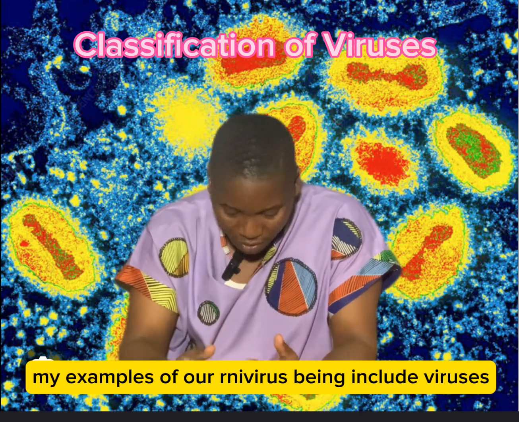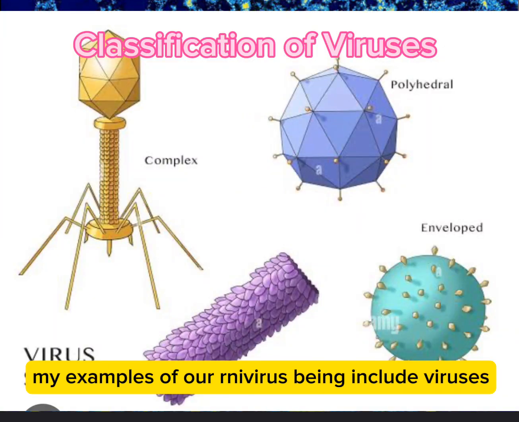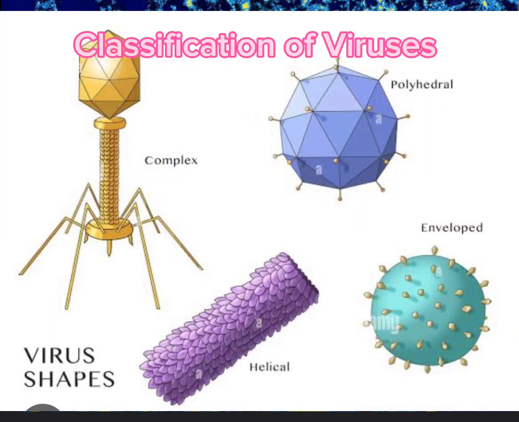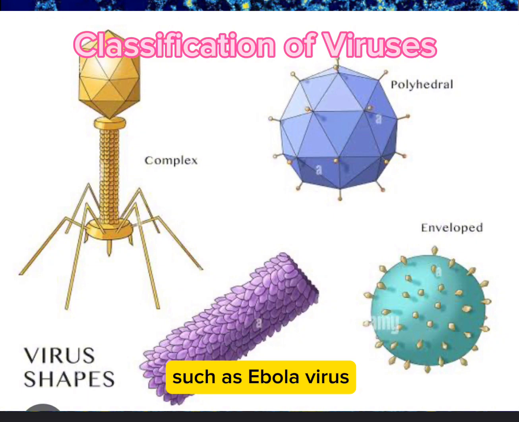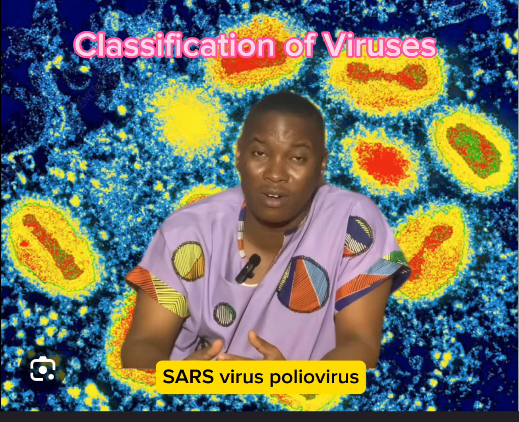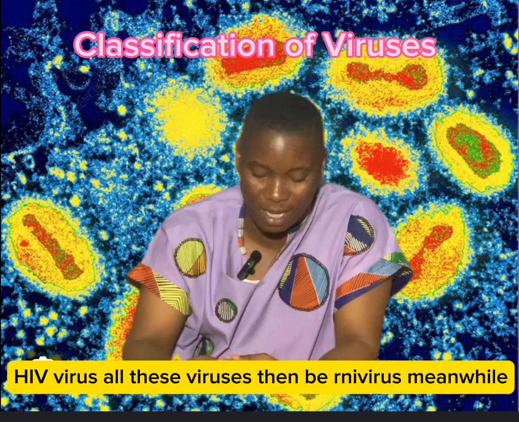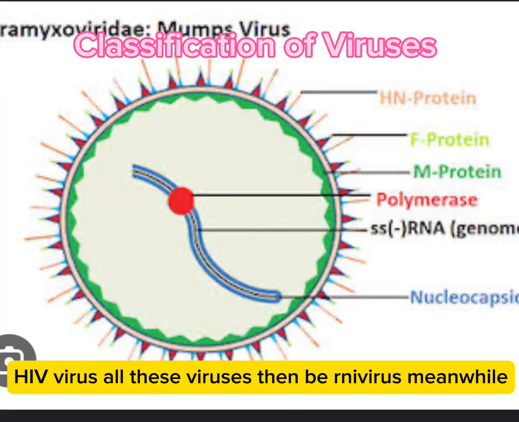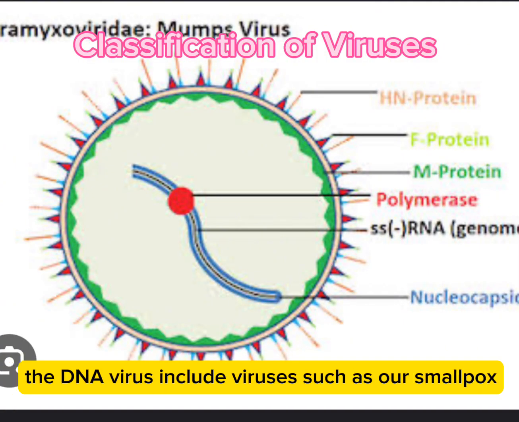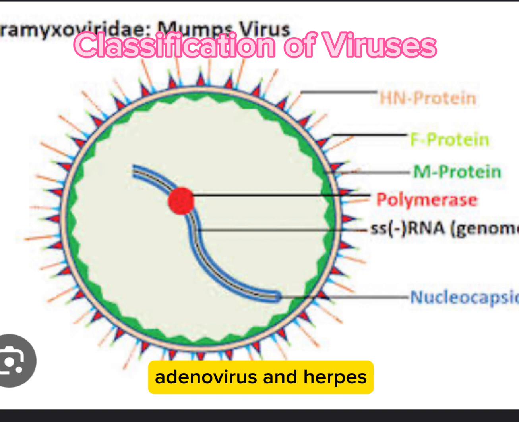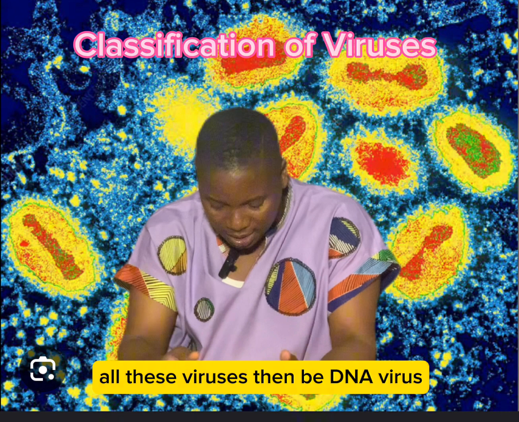Examples of RNA viruses include viruses such as Ebola virus, SARS virus, polio virus, and HIV. All these viruses are RNA viruses. Meanwhile, the DNA viruses include viruses such as smallpox, adenovirus, and herpes simplex virus. All these viruses are DNA viruses.